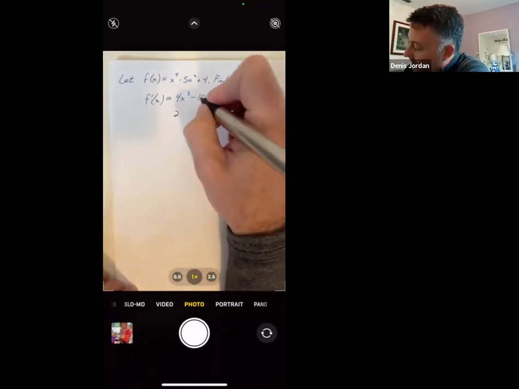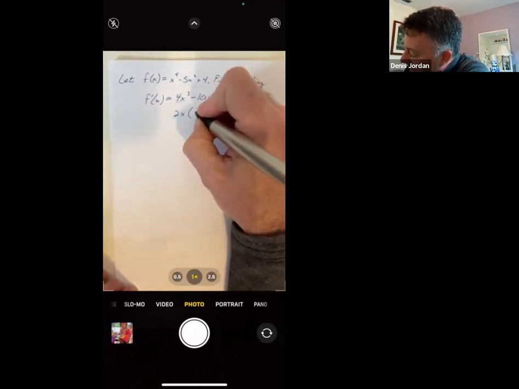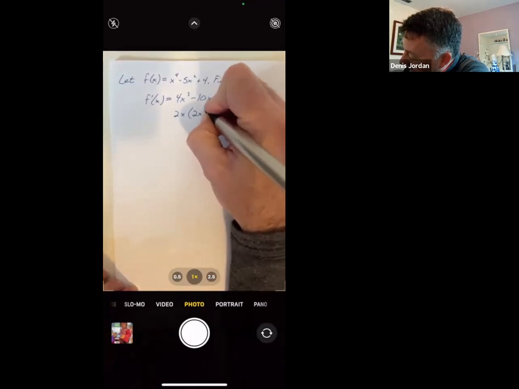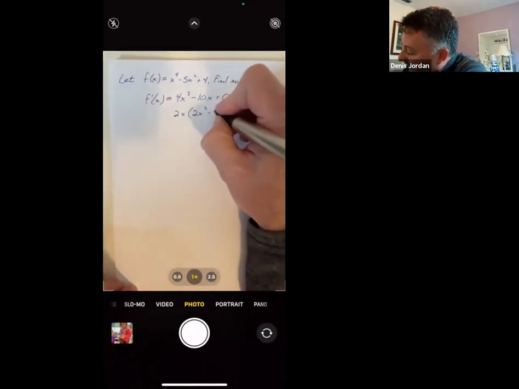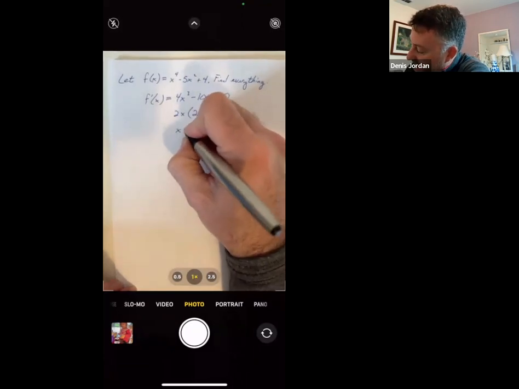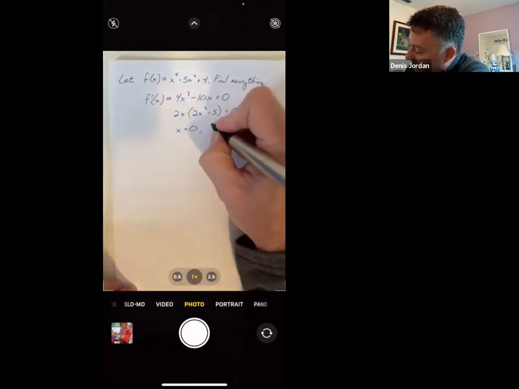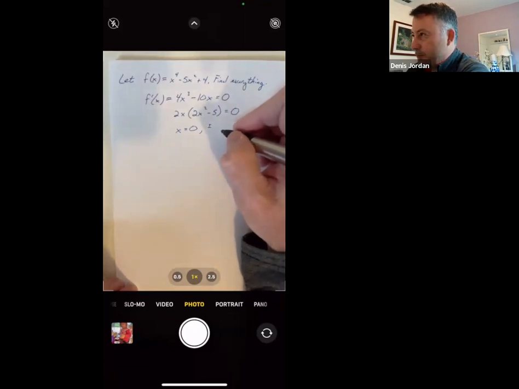So let's see, we can factor out a 2x. So we have 2x times (2x squared minus 5) equals 0. So x is going to equal 0 and plus or minus what?